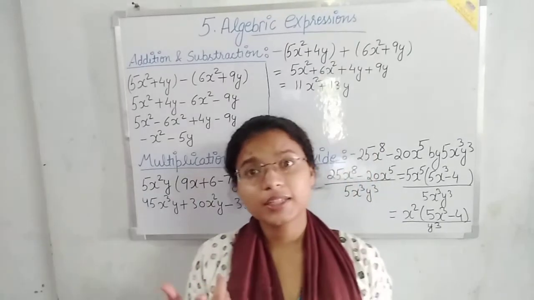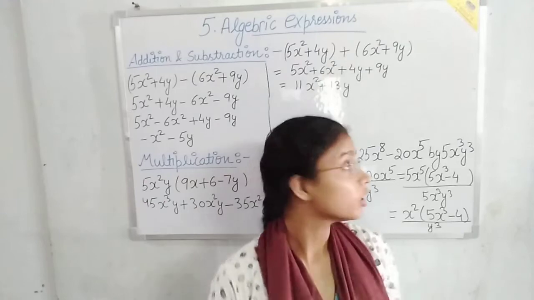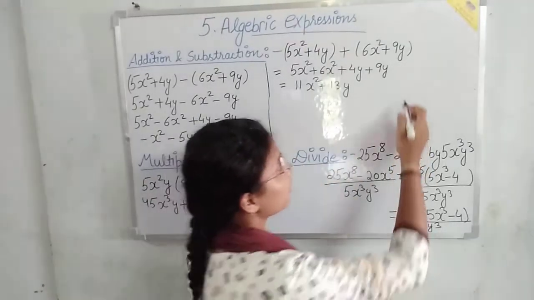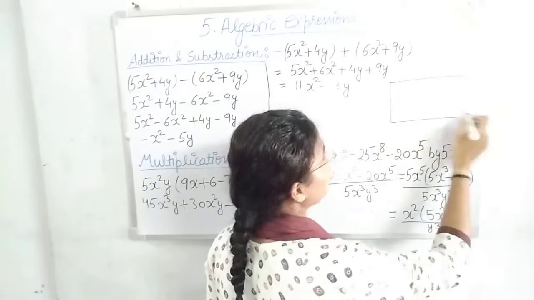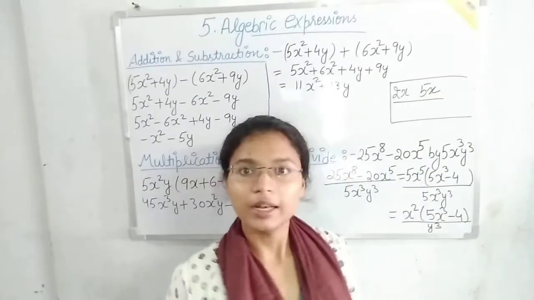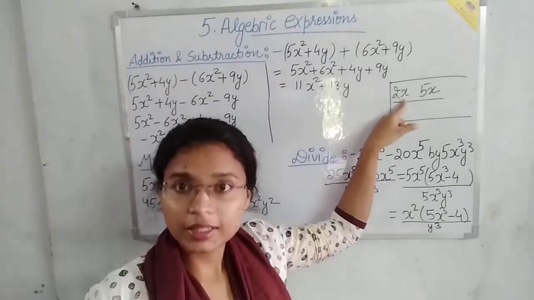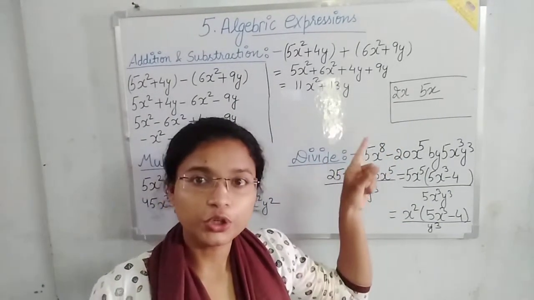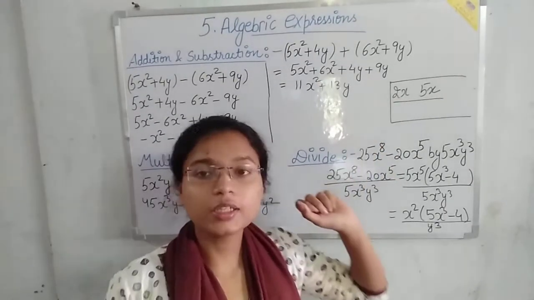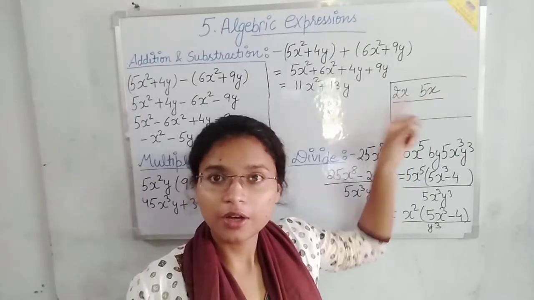Now next is, what is the like term and what is the unlike term? Suppose I am writing here an example, 2x and 5x, both are the like terms. In this term, what is the coefficient of x? The coefficient of x is 2, and in this term the coefficient of x is 5.